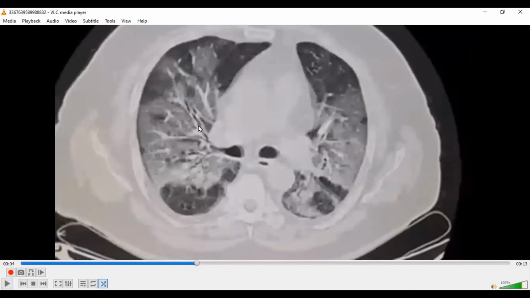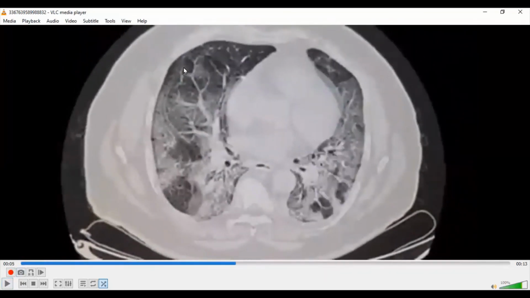You can see here these are the dilated bronchioles. You can see the air inside these bronchioles. So these are the linear opacities, and the others are these GGOs. All are GGOs. You can see the vessels underlying the opacity. So these are all GGOs, and let us see.